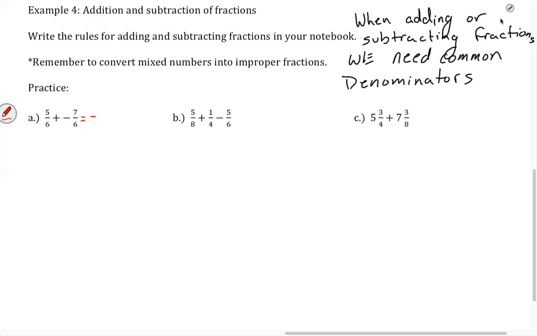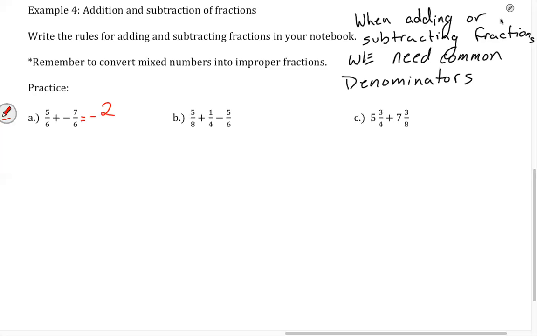It's okay. 5 plus negative 7 is negative what? So here, 5 plus negative 7 is negative 2.